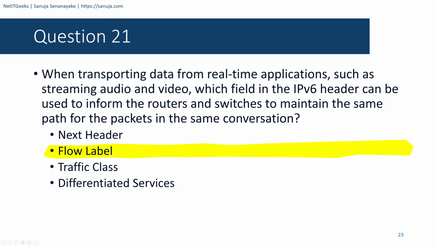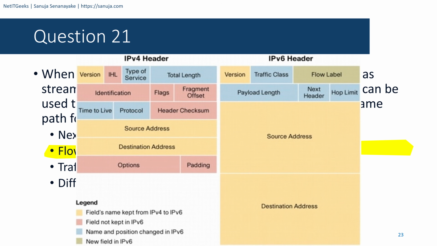and transmission of that packet. Again, you need to understand the IPv4 header sections and the IPv6 header sections in order to properly answer this question. The flow label, for example, right here in the IPv6 header, is what gives the IPv6 routing and switching the ability to allow the real-time application to be transmitted on the same connection.